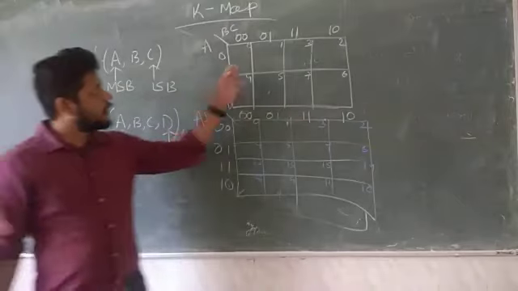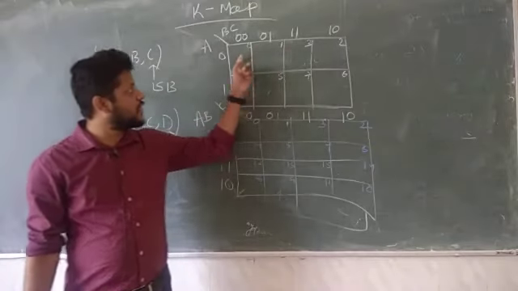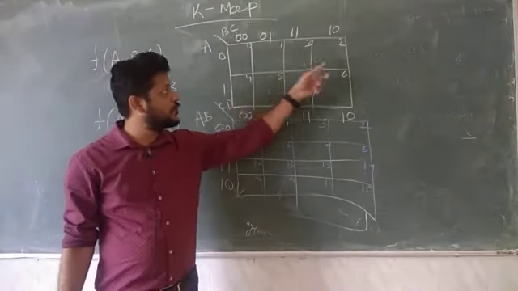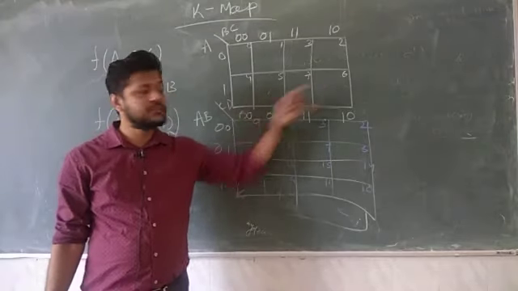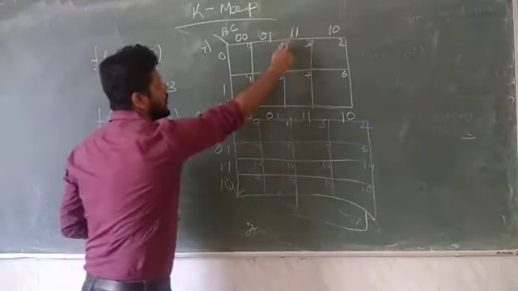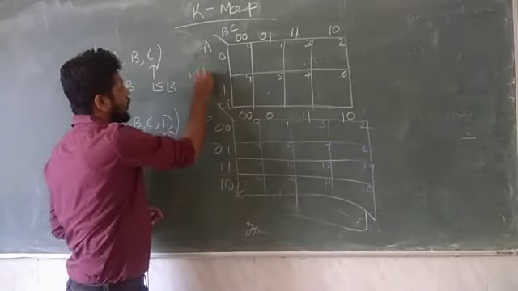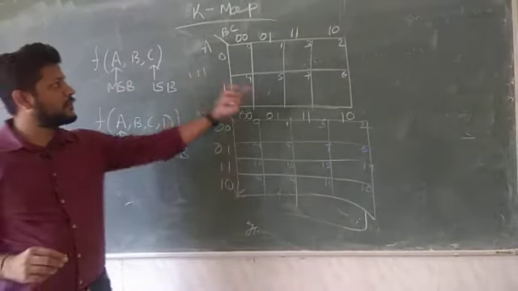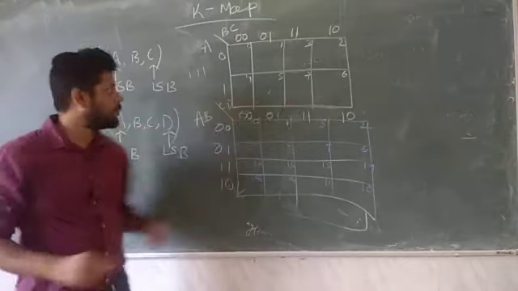So here you can see 0, 1, 3, 2, then 4, 5, 7 and 6. Why 7? You can see here A is 1, B is 1, C is 1, so 1 1 1 in binary means 7 in decimal.